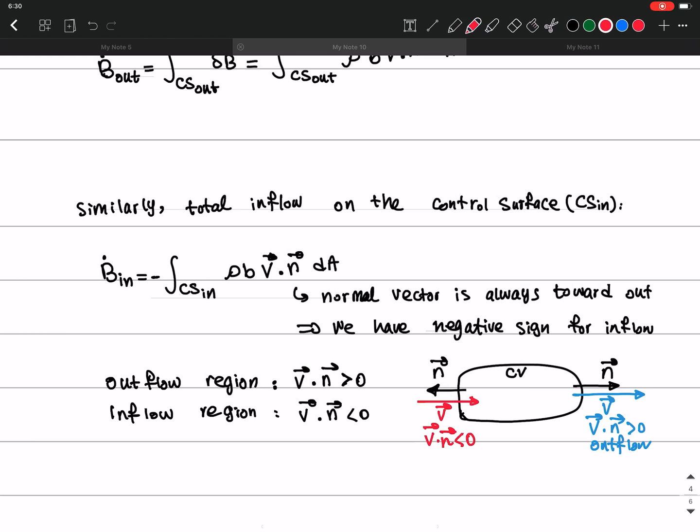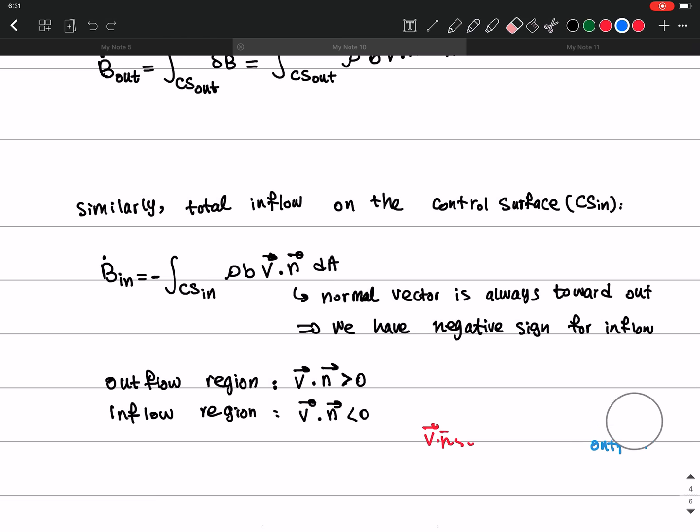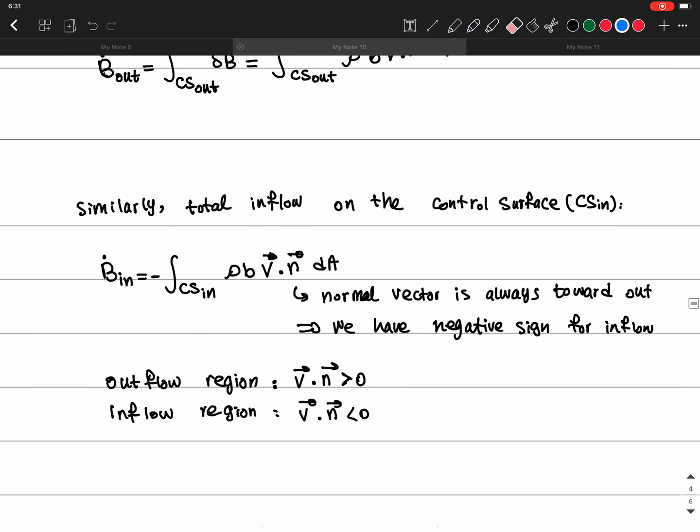So this is the inflow region, and this is the outflow region. Fluid comes in here and goes out here. So this is the convention we use for these problems.